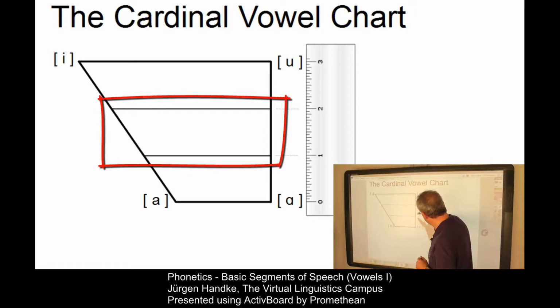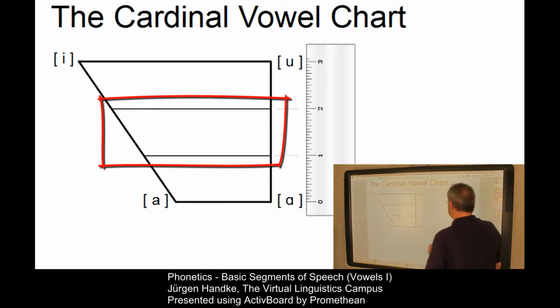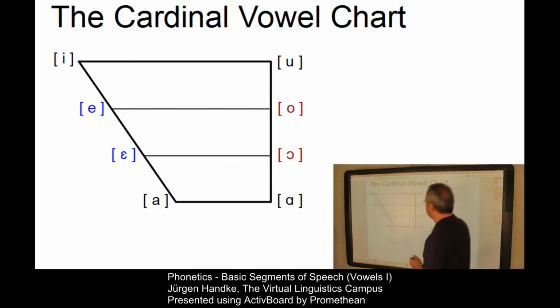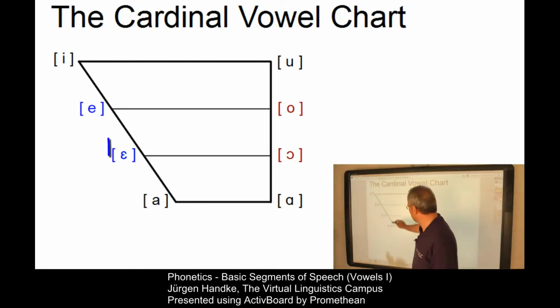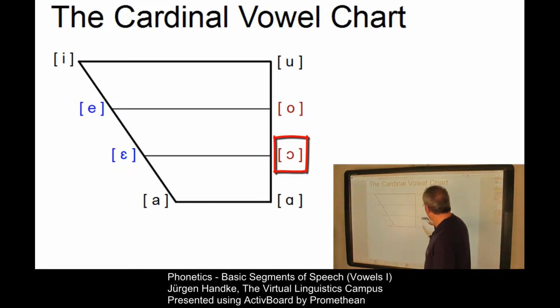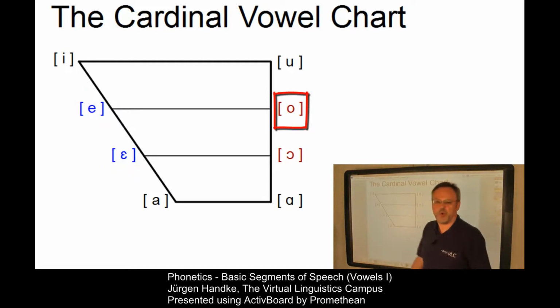So here are our horizontal lines as auxiliary lines, and the 2 further vowels are another front vowel, which would now be mid-high E, a second one would be A, and here we have a back vowel, O, and another one, O.